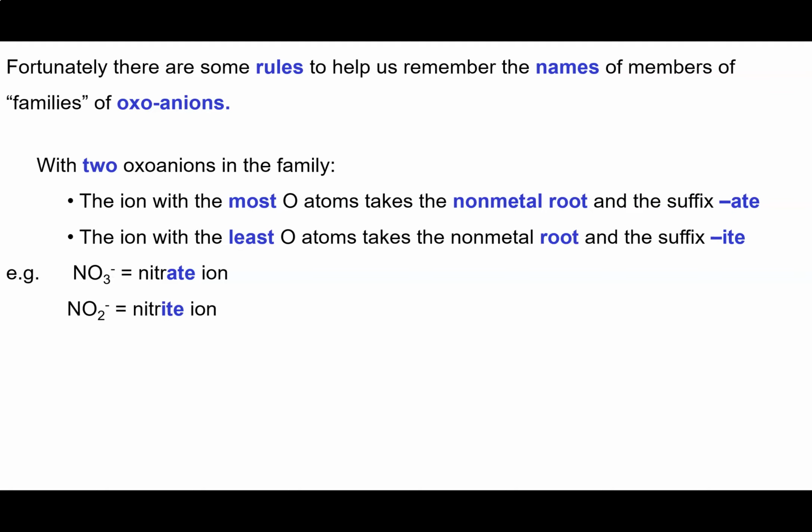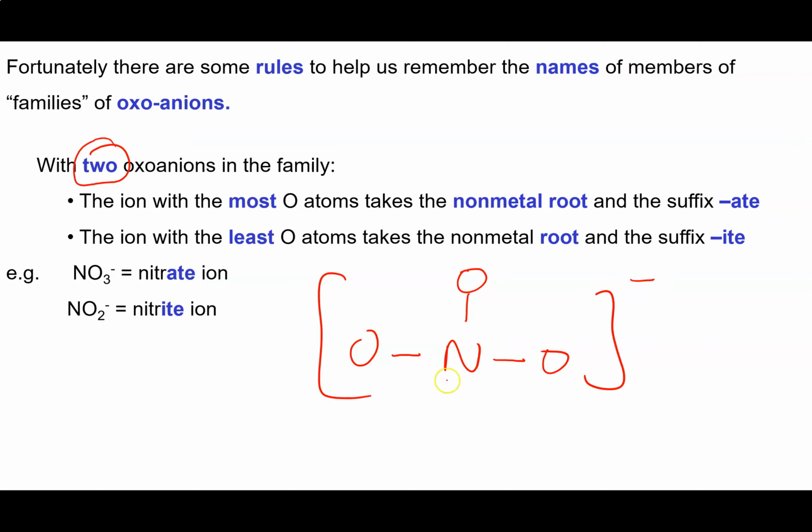Now, there are a few guidelines that can help us remember the names of some of the common oxoanions. If you have a family of 2 oxoanions, a good example of this is nitrogen, where nitrogen will form NO3 minus, and it'll also form NO2 minus.